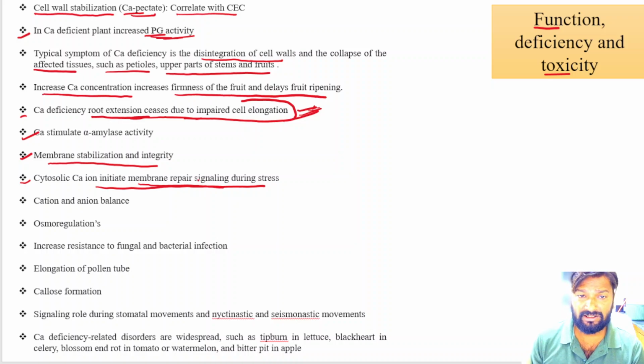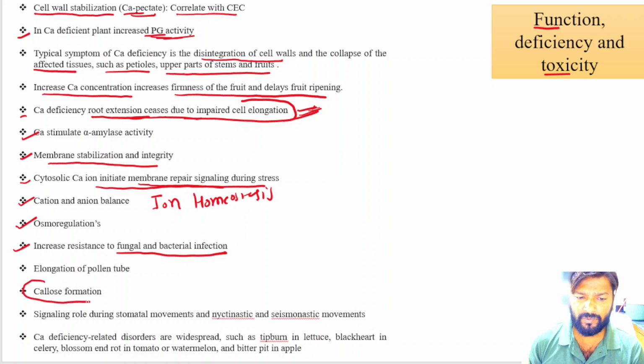It also regulates the ion transport. This also has an important role during the osmoregulation, and it increases the resistance to the fungal and bacterial infection.